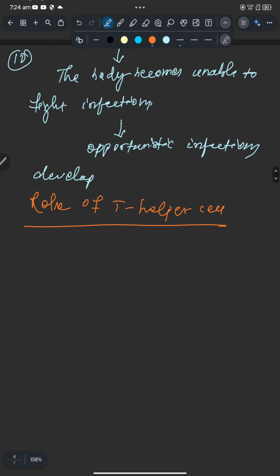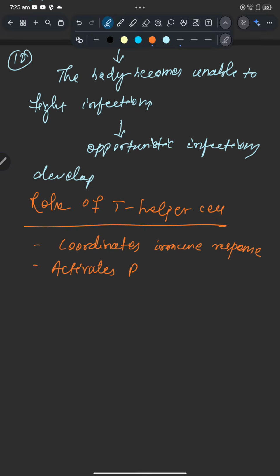It coordinates the immune response. It activates, very important children, B cells to produce antibodies. So when your T helper cell is destroyed, now the B cell is of no use.